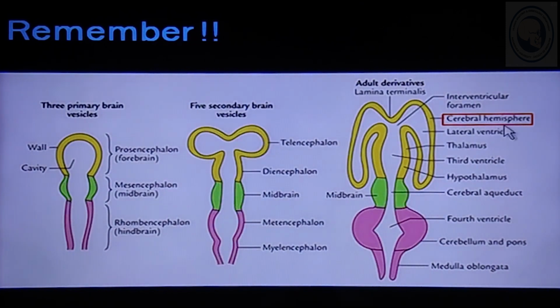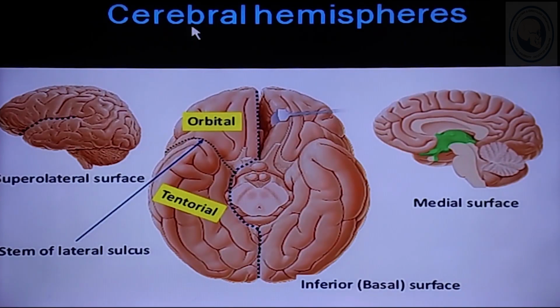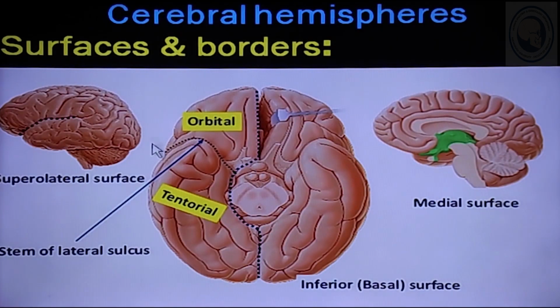Telencephalon will give the cerebral hemispheres, and the cavity of the cerebral hemisphere will be the lateral ventricle, and this lateral ventricle will communicate with the cavity of the diencephalon, which is the third ventricle, through a foramen called the interventricular foramen of Monro. What about the external features of the cerebral hemispheres?